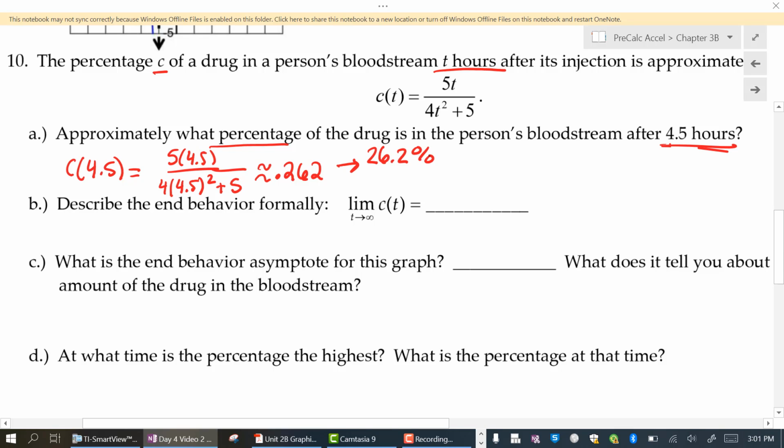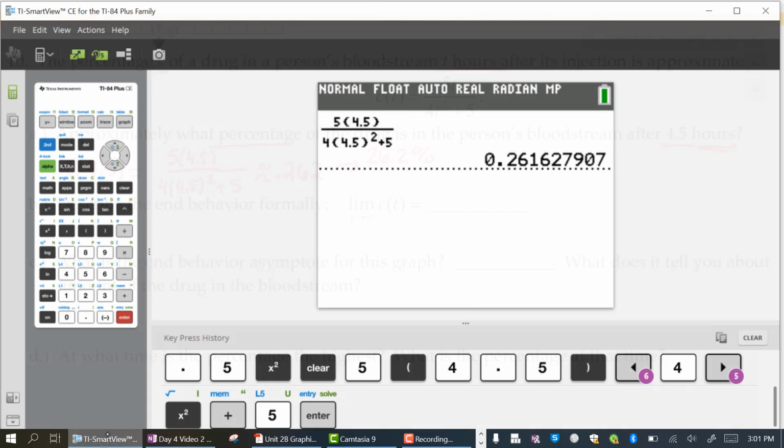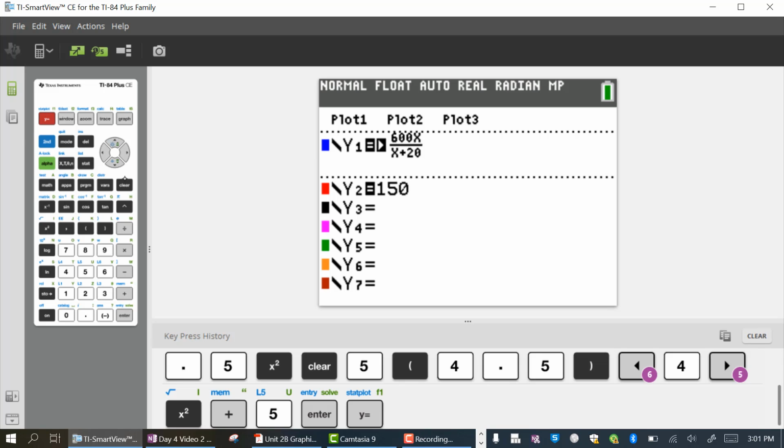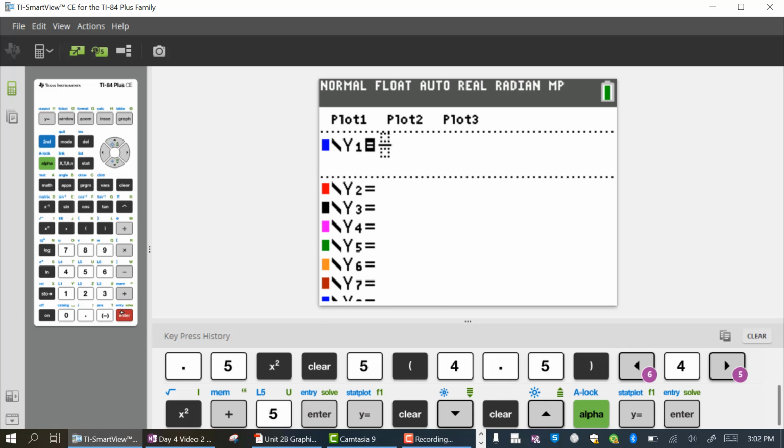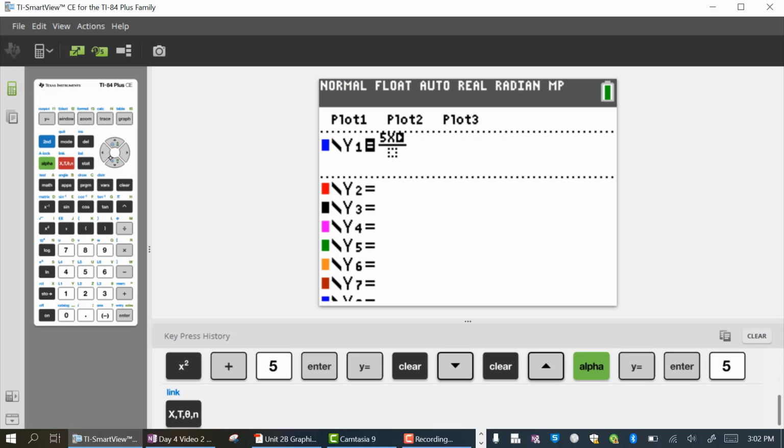Now, how could I find this on the graphing calculator? Well, first, let's put this function into my y equals. So alpha y equals, I'm going to put in 5x on top and 4x squared plus 5 in the bottom.